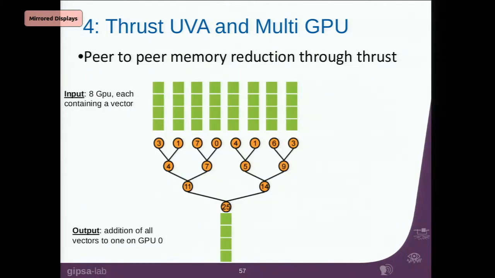In the example I was presenting, I was supposing that I had multiple vectors, one vector of 4 elements on each GPU. Here, 8 GPUs, so it's a very beefy node. And I just wanted to perform a reduction over each of the elements of the vector to get only one vector at the end.